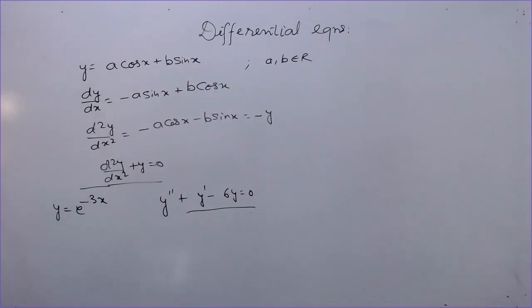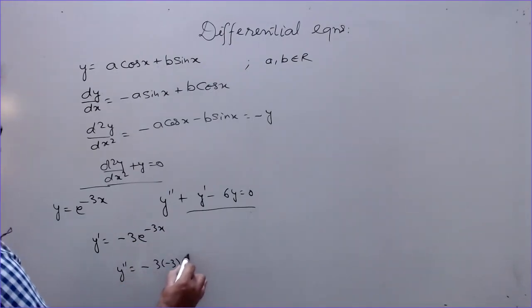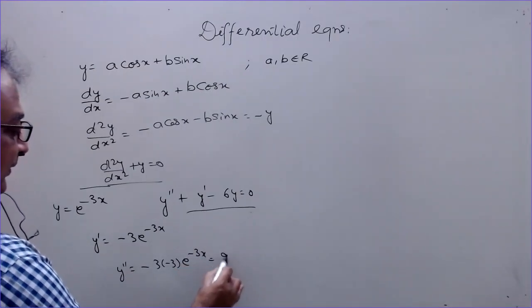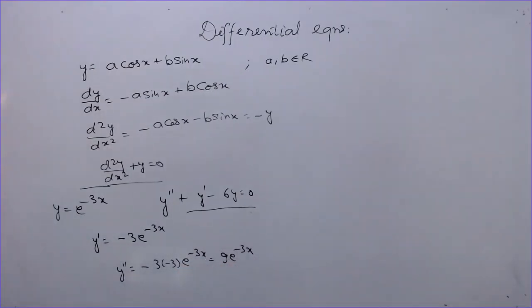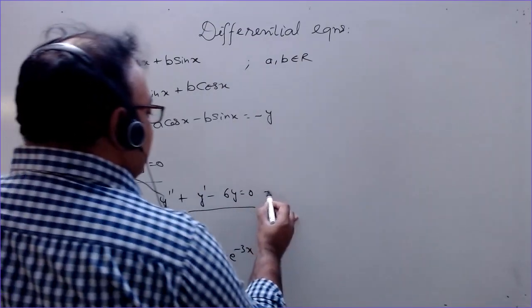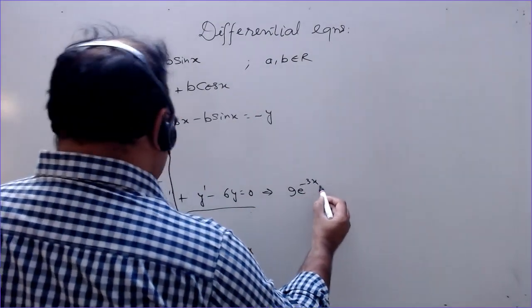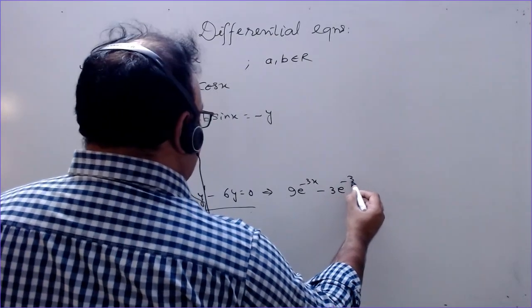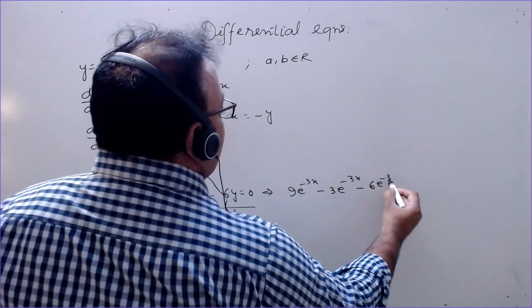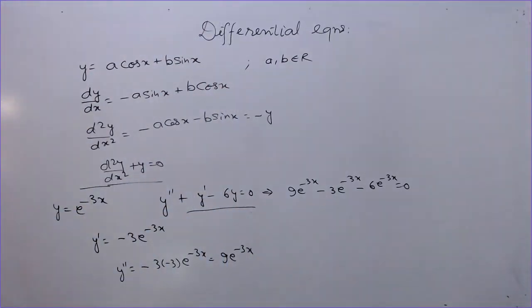So if I differentiate this, y dash, dy by dx, is minus 3 e to the power minus 3x, then the second derivative is 9 e to the power minus 3x. So you can put the values in the equation. This gives 9 e to the power minus 3x minus 3 e to the power minus 3x minus 6 e to the power minus 3x equal to 0, which is the required differential equation which we had to prove.